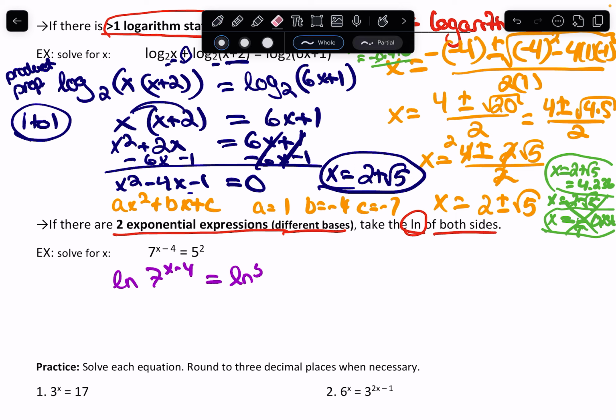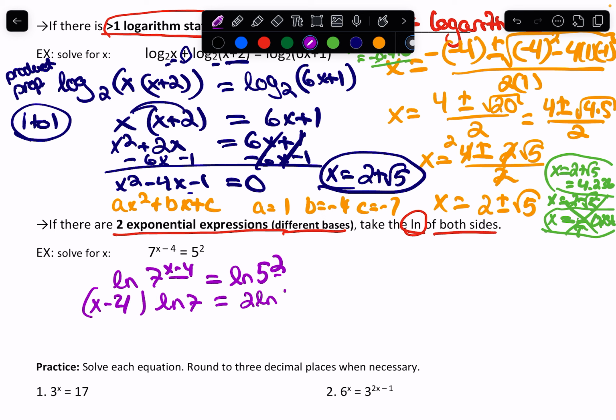Then we're going to use the property again. We can bring these exponents to the front. So we can rewrite this as x minus 4 times natural log of 7 and 2 times natural log of 5. What we're going to do now is divide by natural log of 7 to move it over here.